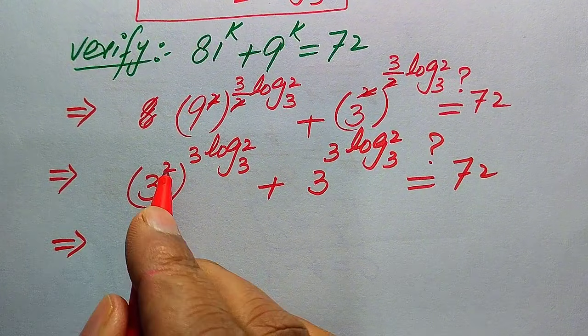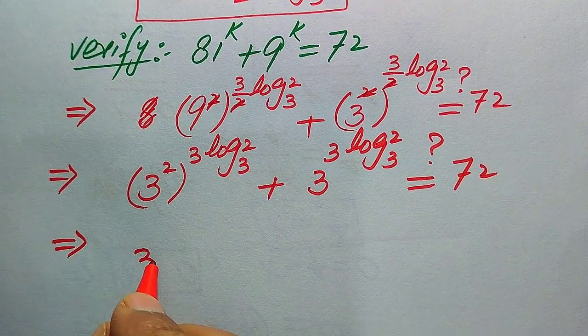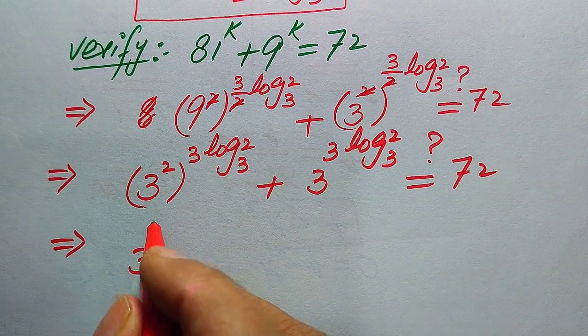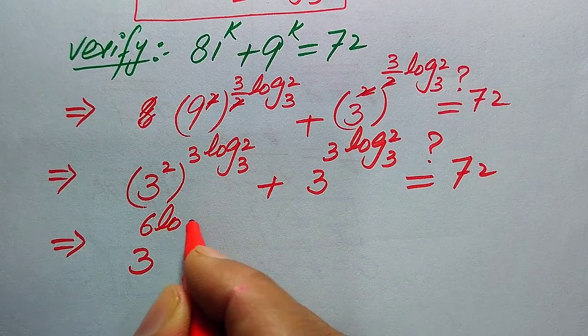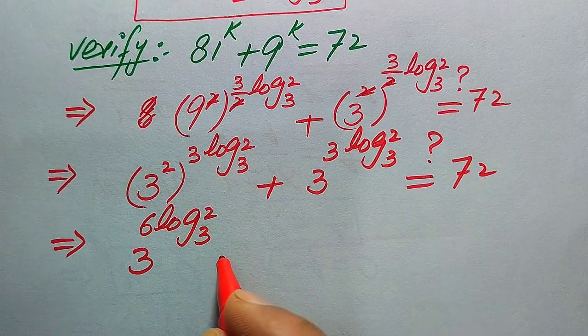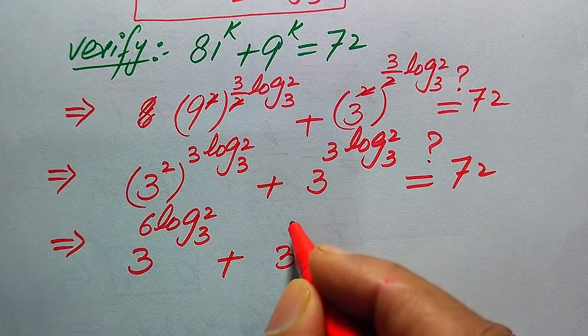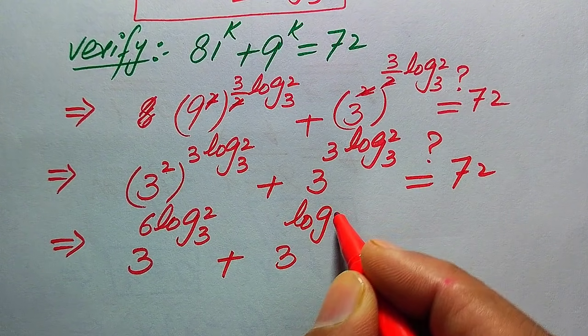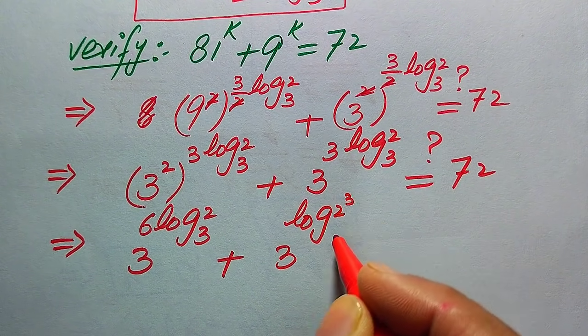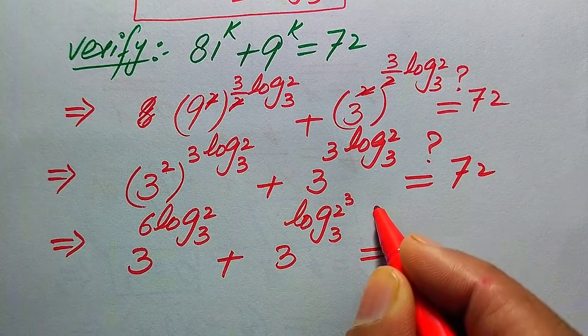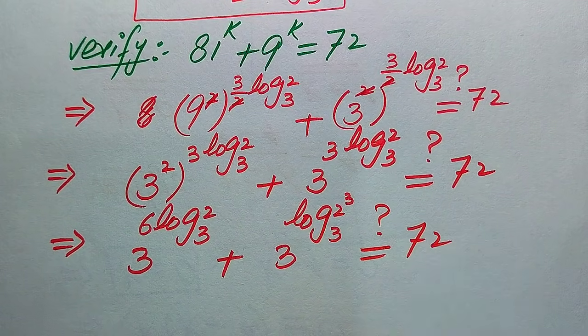So here we multiply these two exponents, 2 times 3 becomes 6, and we write it as 3 to the power of 6 times log 2 with base 3, plus, here we move this 3 to the exponent of this term, and it becomes 3 to the power of 2 cubed with base 3, is equal to 72 or not.